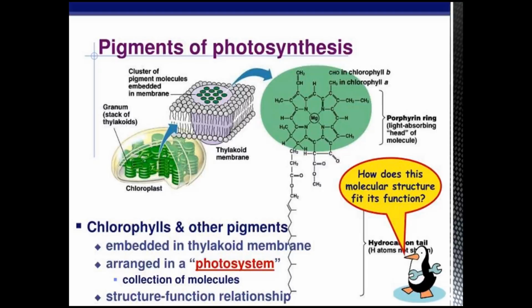What is an accessory pigment? Chlorophyll B and carotenoid together make the accessory pigment. Which one is the primary pigment? Chlorophyll A.